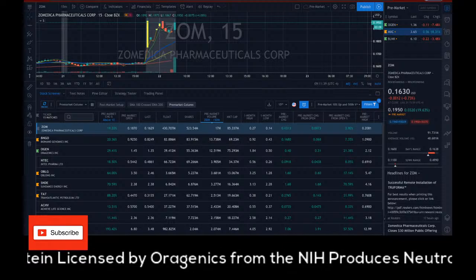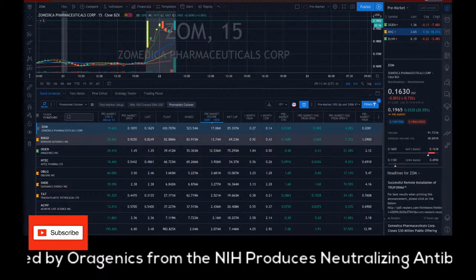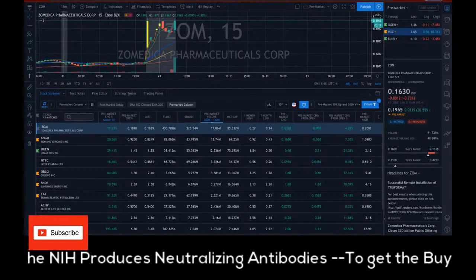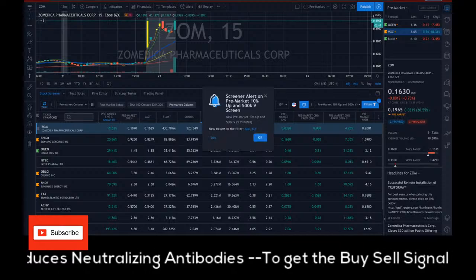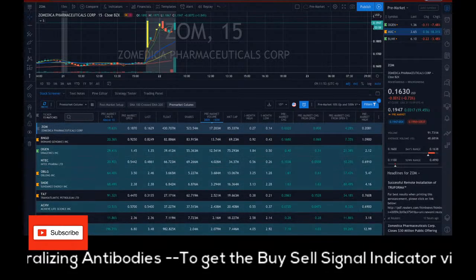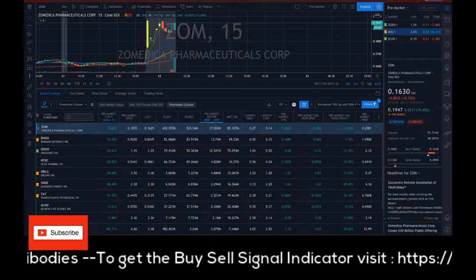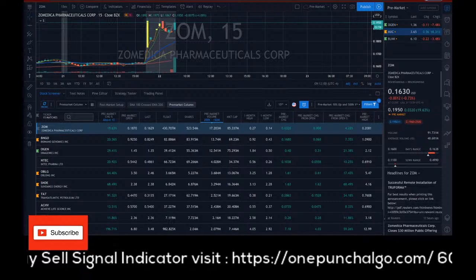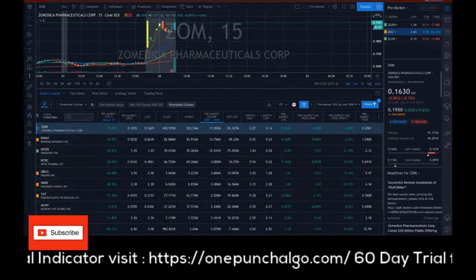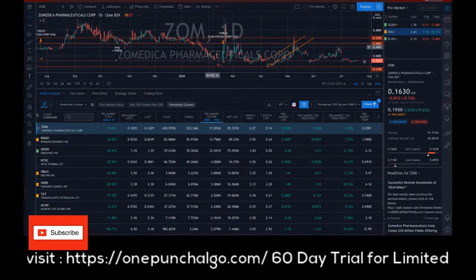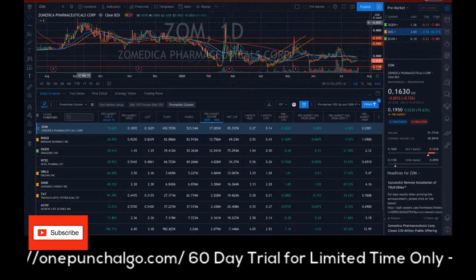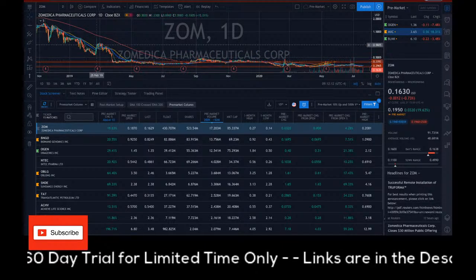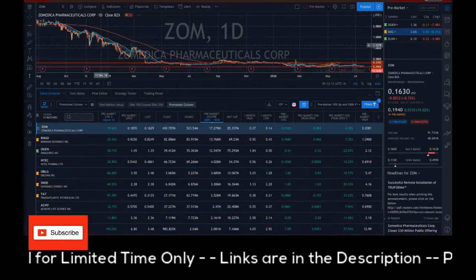SOM traded 17 million, then BNGO, but the problem with SOM, they have 523 million outstanding shares, so people can keep on shorting this one, and it's actually 19 cents. Let's see for the year, was it able to go more than $1? Oh no, yeah. So this can get delisted.